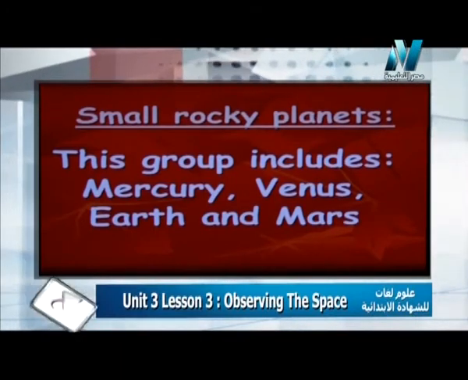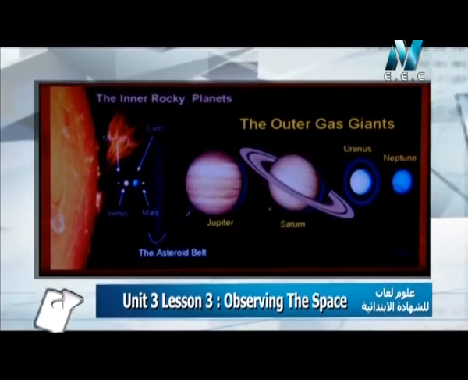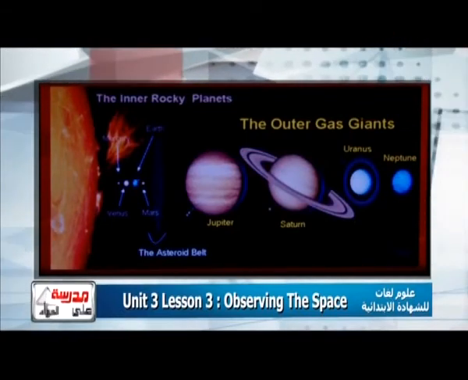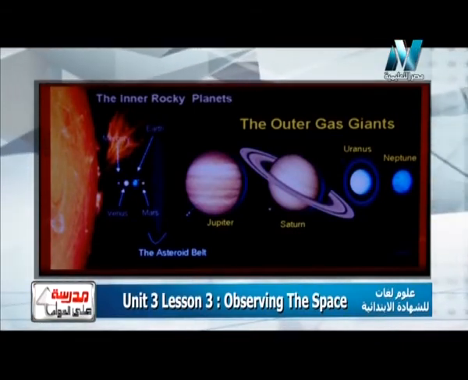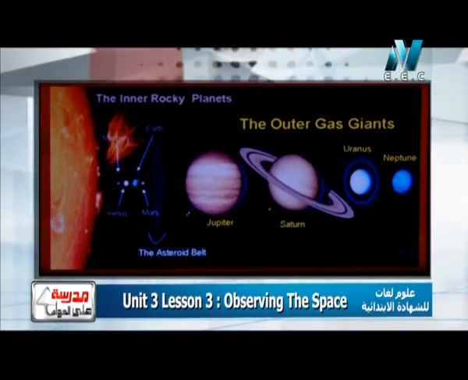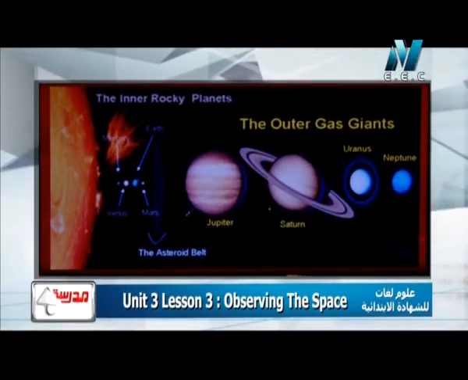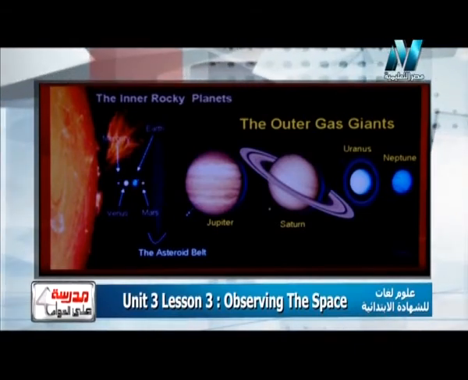So let's see the picture again. Look here. The first 4 planets are very small, we can hardly see them compared to the giant outer planets. Mercury, Venus, Earth, and Mars are very small and rocky planets.